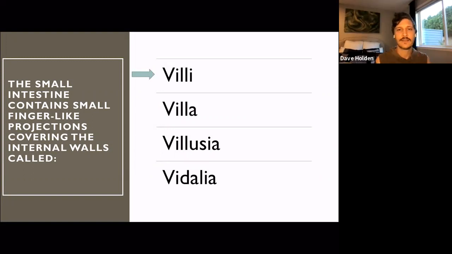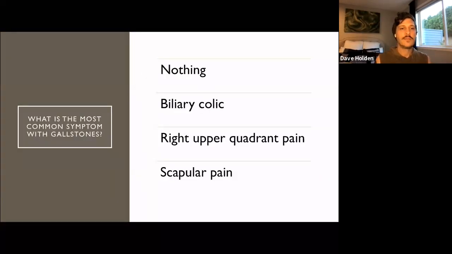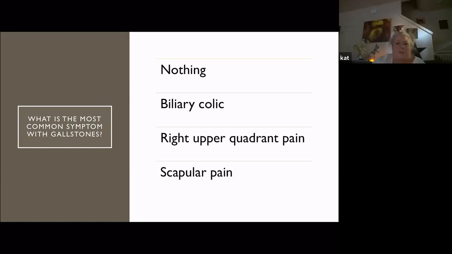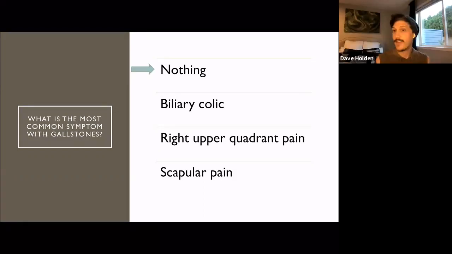Singular, villus. What is the most common symptom with gallstones? Right upper quadrant pain. No, wait. Nothing. Most people with gallstones don't have any complications with them. No symptoms, nothing.